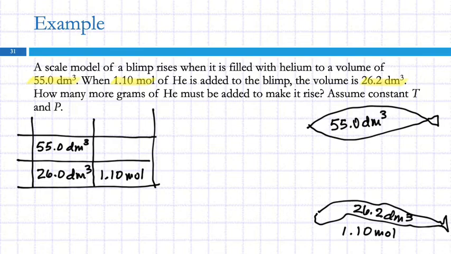So let's label the columns here. What should I call this first column? V, for volume. And the second column? N, for number of moles. It's kind of a weird problem, but I have this little table, I guess, and there's one blank.